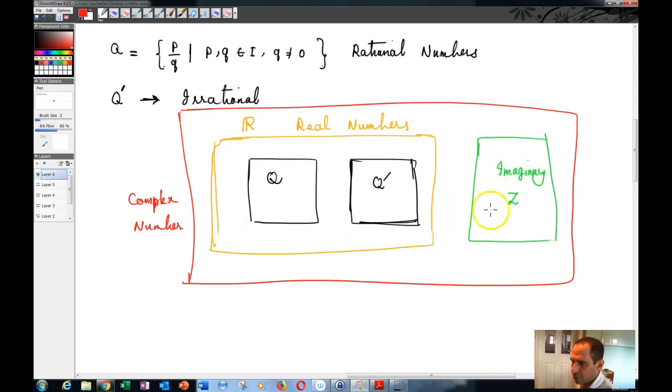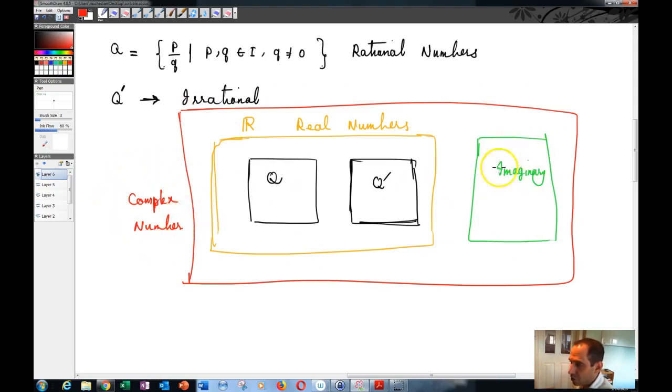Now I don't really know if this Z comes over here or what, but for now let's just forget about this Z, because I don't know what sort of notation is used here. But I know that there are these imaginary numbers. When you put them together, that becomes complex numbers.